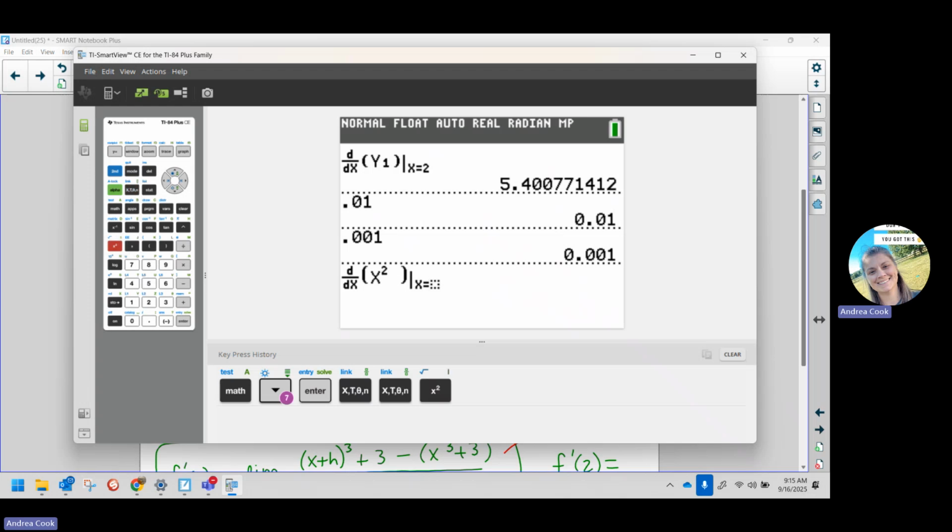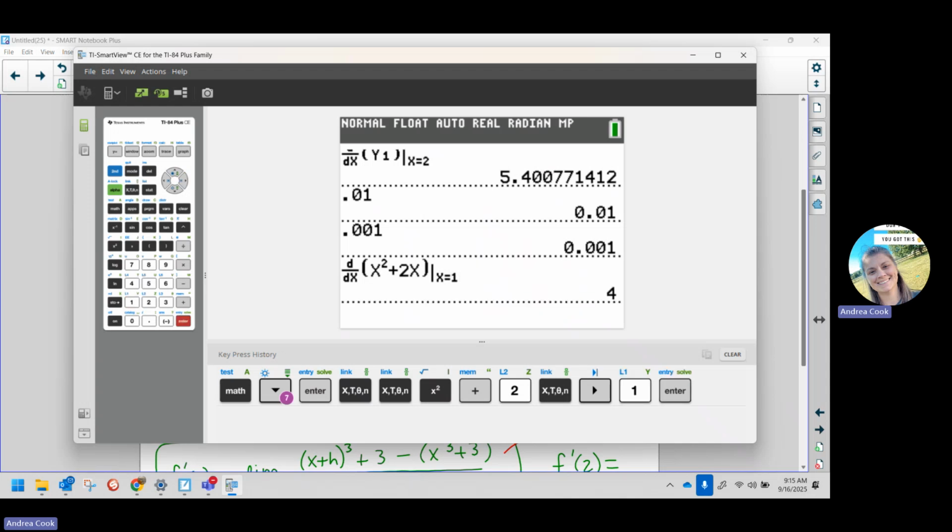X squared plus 2x, was it? Plus 2x. And then if you hit the over arrow, it's asking what x value do you want to find the derivative at? And we found it at 1. And when I hit enter, it gives me 4. Okay. That's it.